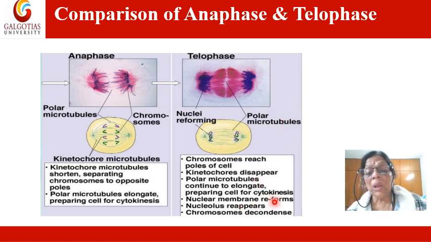And now the nuclear membrane reforms. The nuclear membrane, which dissolved during early prophase, now starts forming again. The nucleolus, which disappeared during prophase, now starts appearing in the two sister cells. And chromosomes start decondensing, coming back to the position they had before prophase.